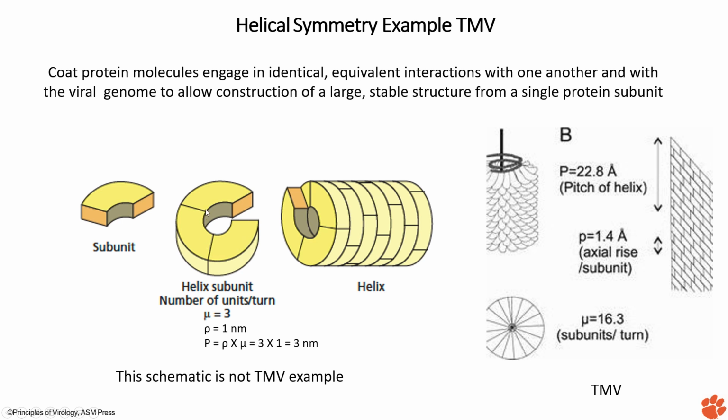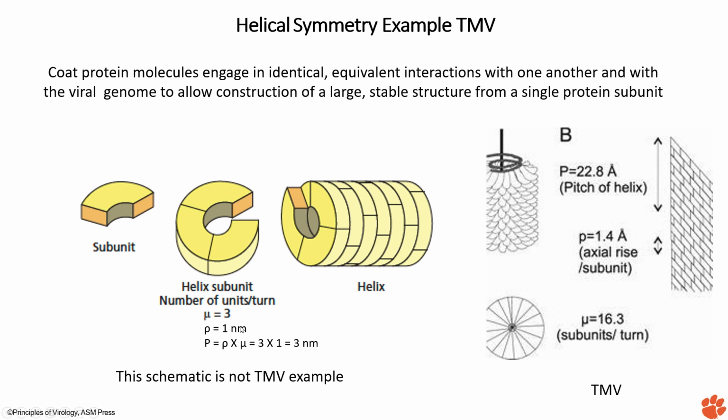So basically the subunits are rising. That gives you the screw-like, a right-handed screw-like pattern. So you can calculate the P, the pitch of the helix, by just multiplying the rho with the mu, which is 3 nanometers. So you are rising 3 nanometer from here. So that's basically what it is, 1 to 4.